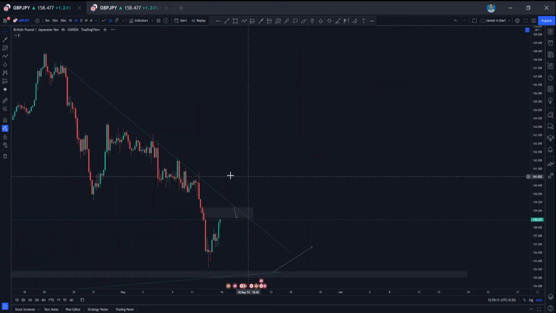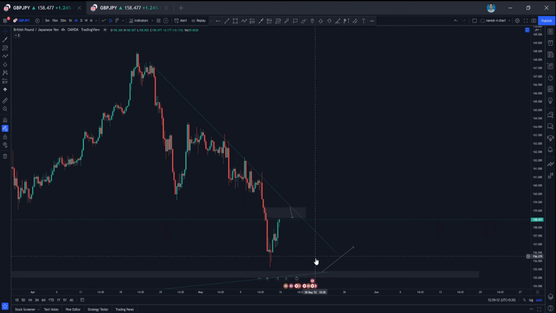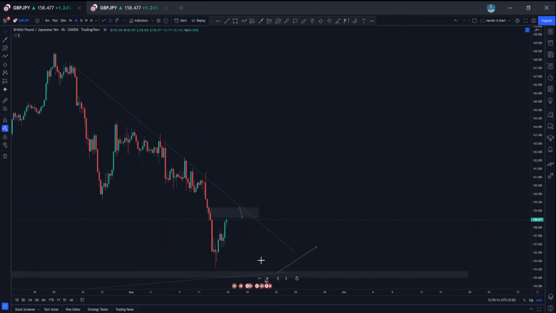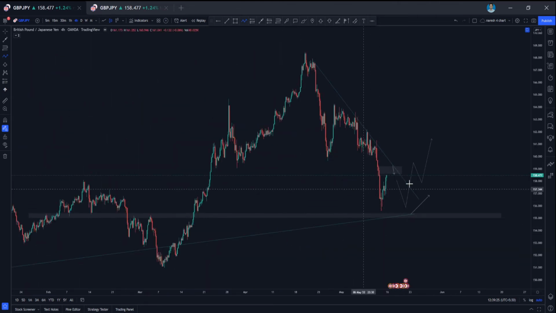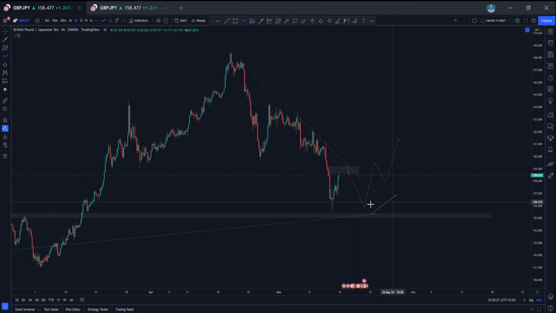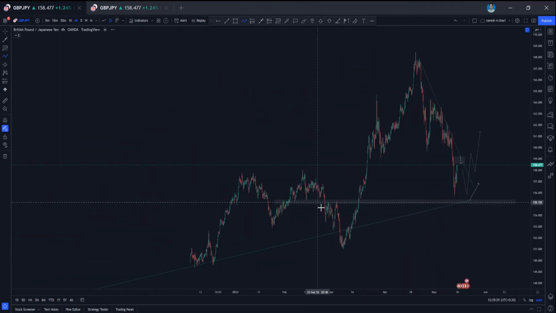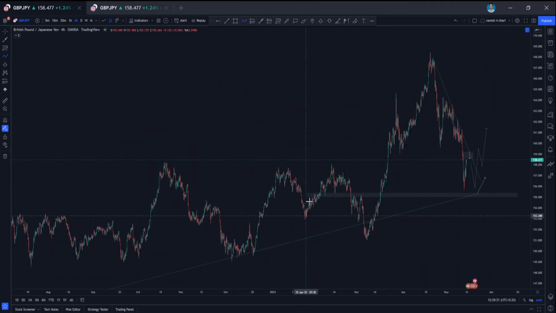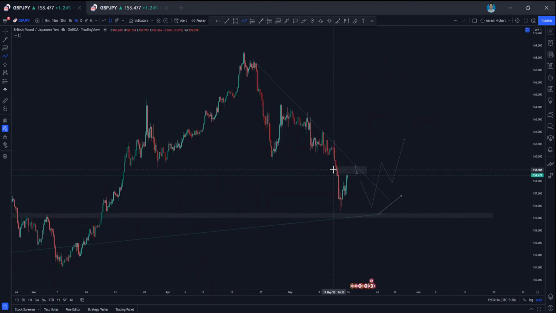So if it is forming a double bottom, or if it is moving like this, I'll be looking for long entries after the formation of a higher high and a higher low here. So there is a potential change in trend in my 1 day time frame, because the 1 day trend is up, and the 4 hour trend is down.